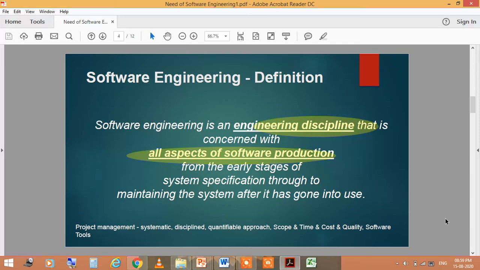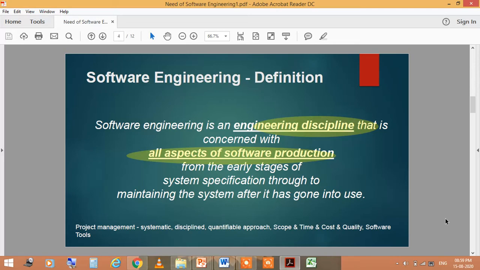Software engineering is an engineering discipline that is concerned with all aspects of software production, from the early stages of system specifications through to maintaining the system after it has gone into use.